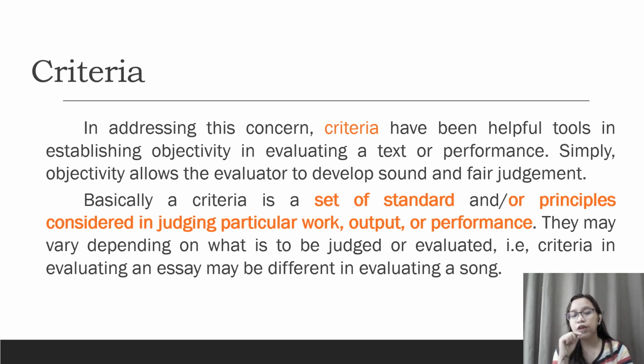Because if Ma'am Ruth involves her personal opinions about the text, if I get annoyed by the handwriting, of course, I will give it a zero. Is that right? Is that fair? It's not fair, because just because of that I will mark 0 for the score. That's wrong. That's why we have criteria. Criteria help us to set a standard in judging a particular work. So my second question is, is the criteria the same for a painting, writing an essay, or evaluating a song?